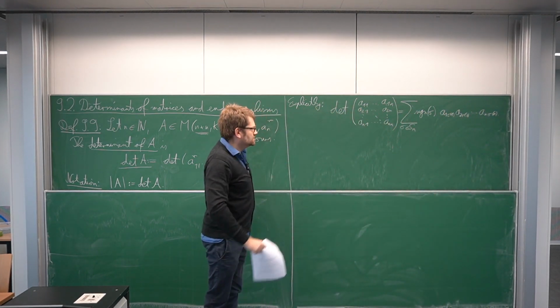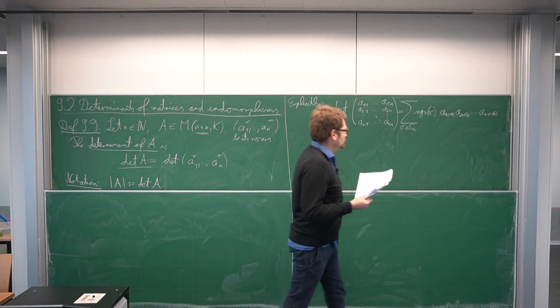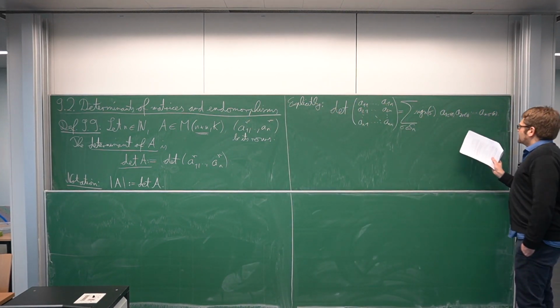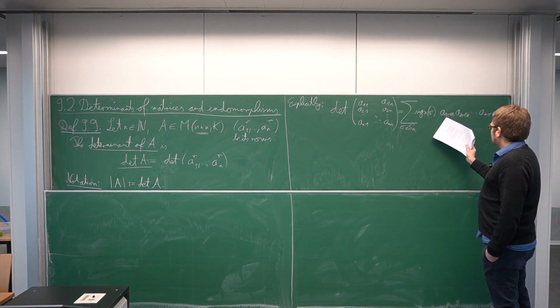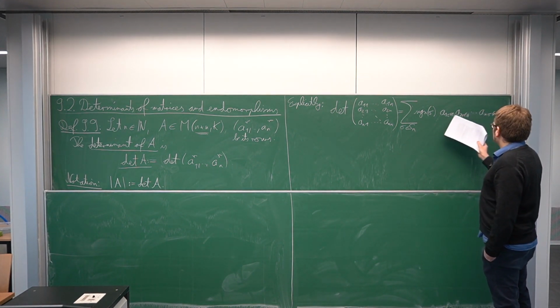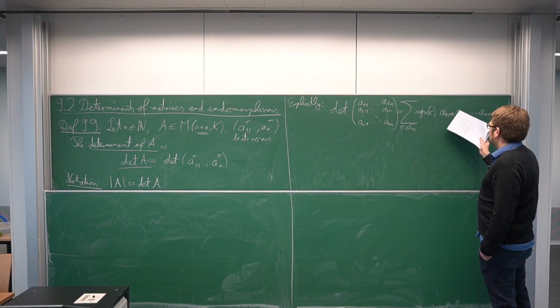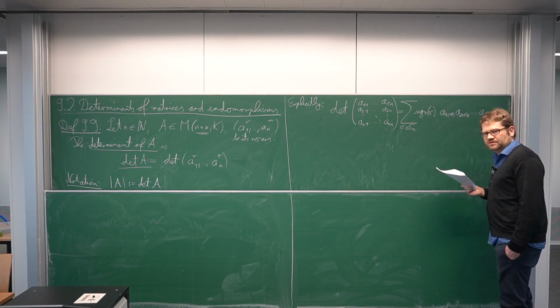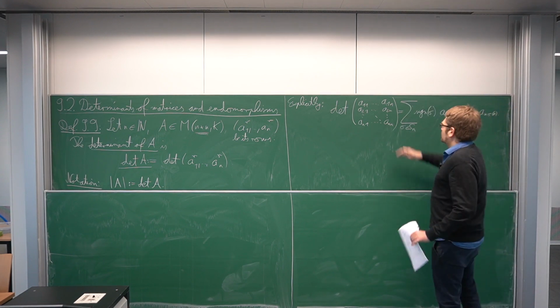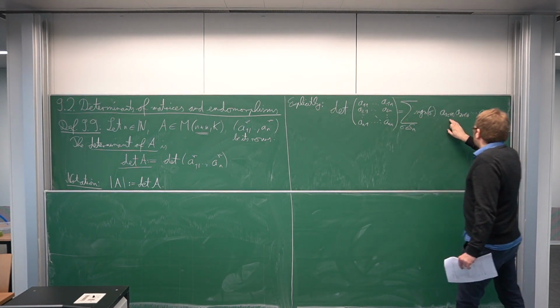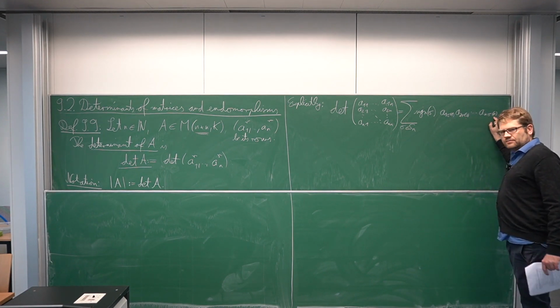And maybe here, if you look at it as a matrix, it might be a bit more intuitive. So if you take a look at these summands, for each number i here in front, we have precisely one factor in this product which has this i in front. So we have one A1 something, A2 something, and so on to An something. This means now we have one element in each row. Now, if we take a look at the sigma of 1, sigma of 2, and so on, this is a permutation.